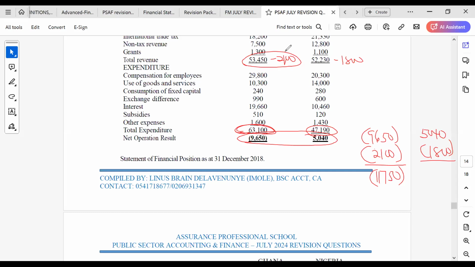But the first ones, they are all positive, isn't it? The primary balance, we are all positive. Yeah. 3240 for Nigeria. Positive. So this will now be divided by 145,000, and this will be divided by 110,000. Multiply by 100.